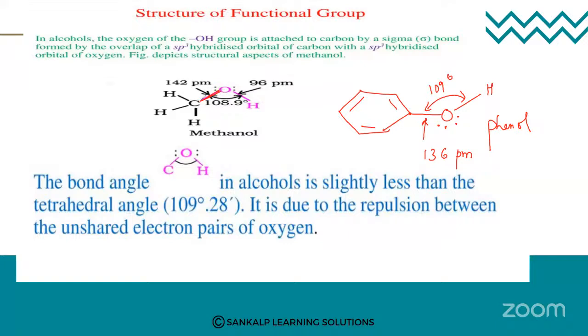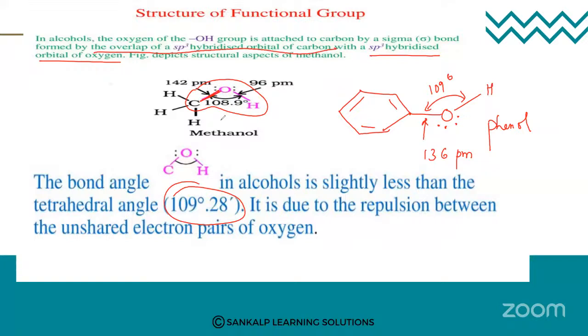Then the C-O-H bond angle is slightly less than the tetrahedral angle. What is the tetrahedral angle? It is 109 degree 28 minutes.